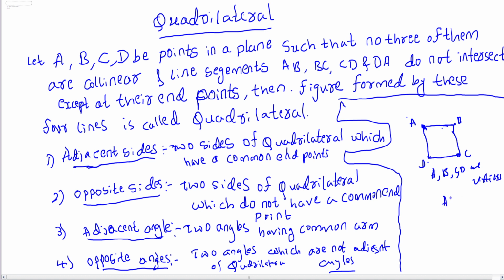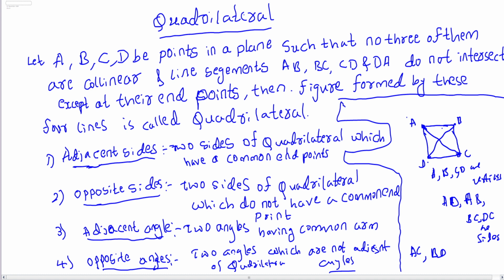Then AB, BC, CD and AD are called sides.